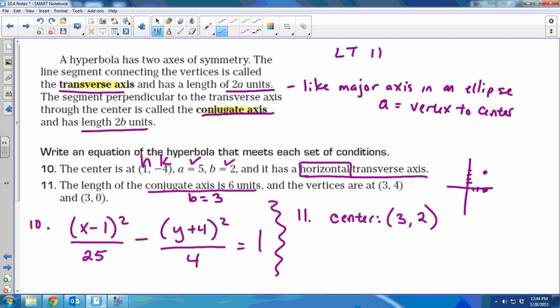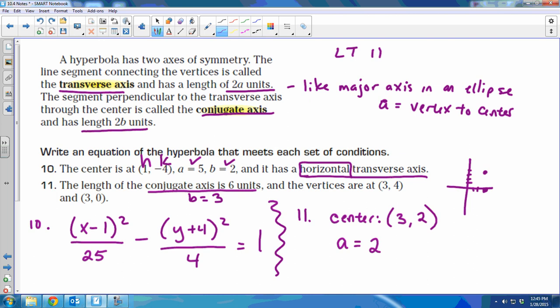Yes. And so we know the center, and we know B, we need to know A. A is the distance from the center to a vertex. So what is A going to be? 2, center to the vertex, 2. So we have B, we have A, we have the center, and if you kind of look at the graph, is it going to be vertical or horizontal?